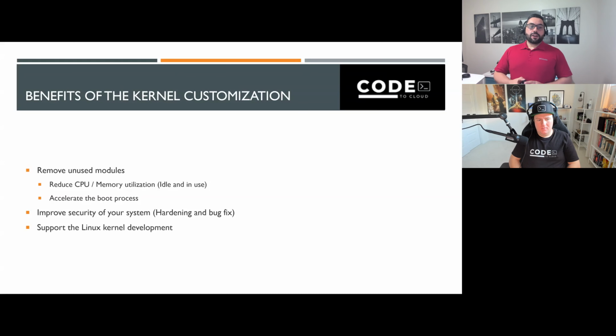And then another benefit is to support the kernel development. What I mean by that is, for example, I was testing the Linux kernel 6 in my environment, and I faced a few issues. Everyone faces a few issues compiling a kernel sometimes. And then I was reading the documentation. I was in the Git repo for the Linux kernel, reviewing some comments there on what I can do to fix those issues, and I was also commenting on those.